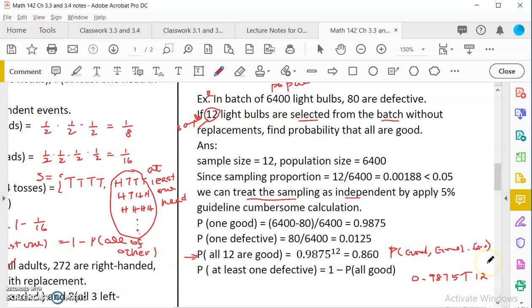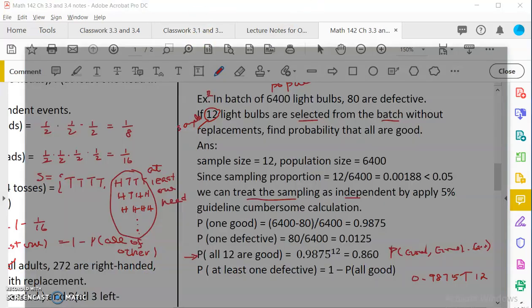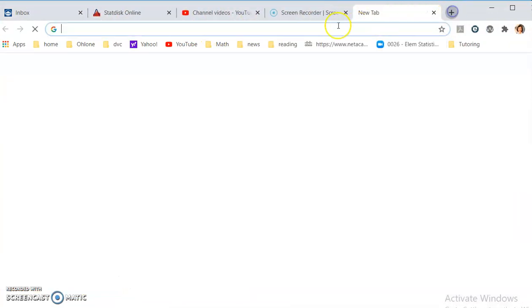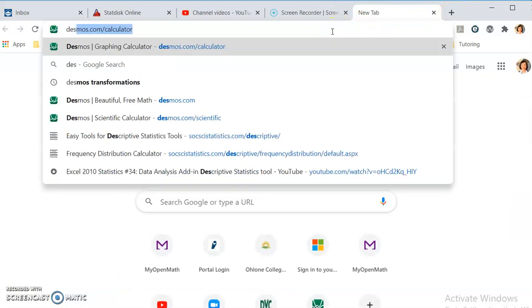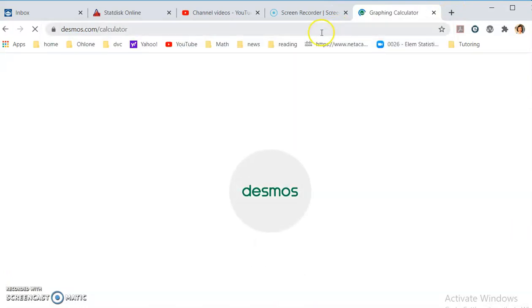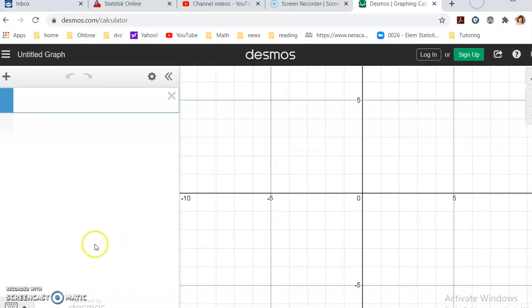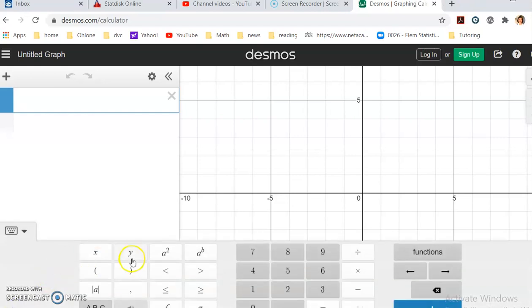And in decimal, the way you do it would be you go to the decimal calculator. If you don't have your scientific calculator, you can get this calculator up, and then you would say, okay, 0.9875.